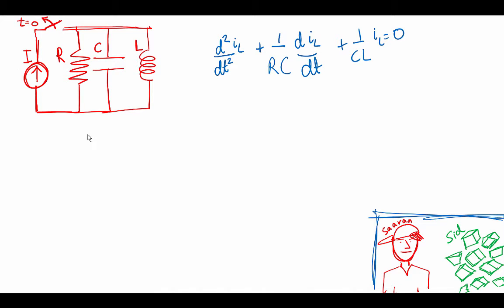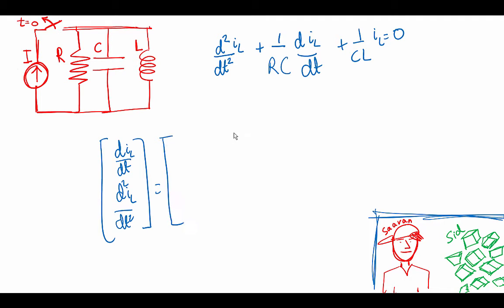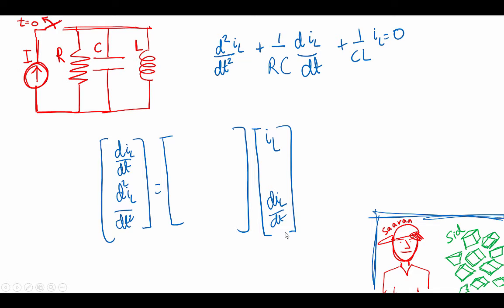So we're going to define a vector that looks like dIL/dt, d²IL/dt², which is going to equal some matrix times IL and dIL/dt. So Savan, can you fill in the top row of the matrix?